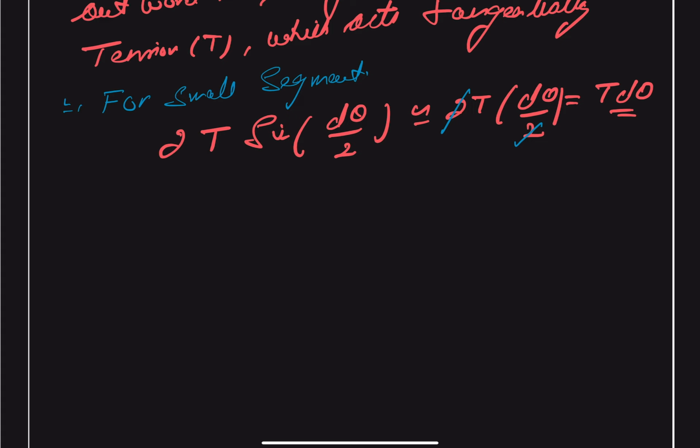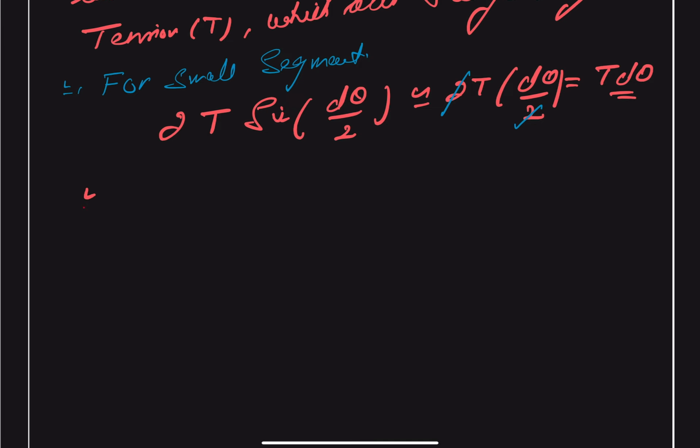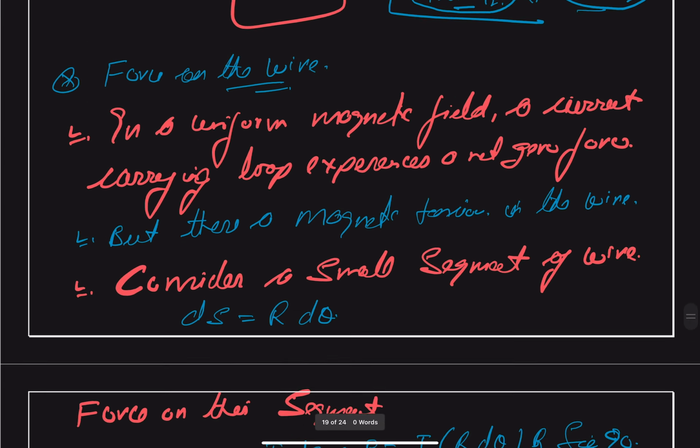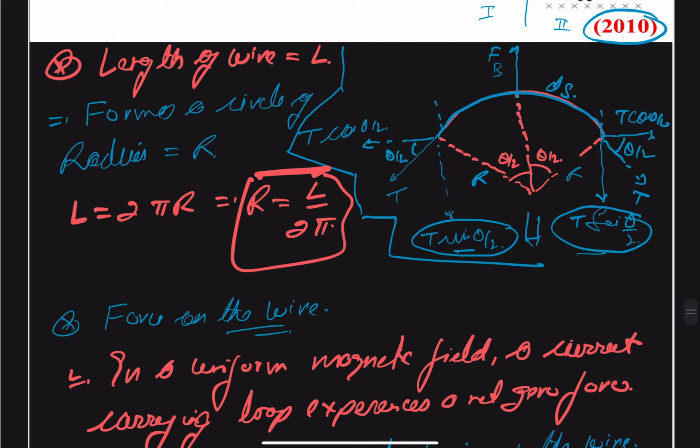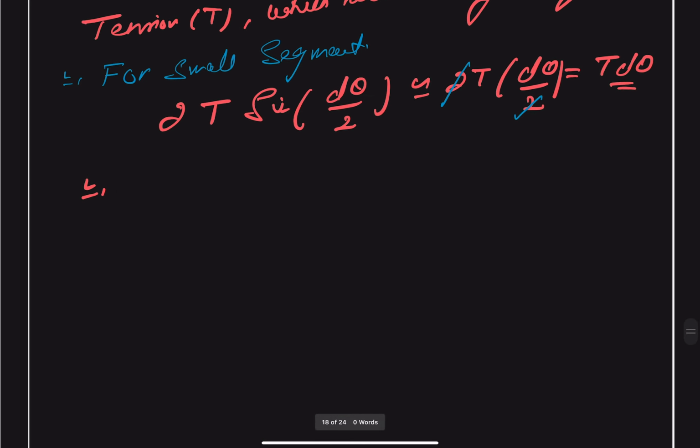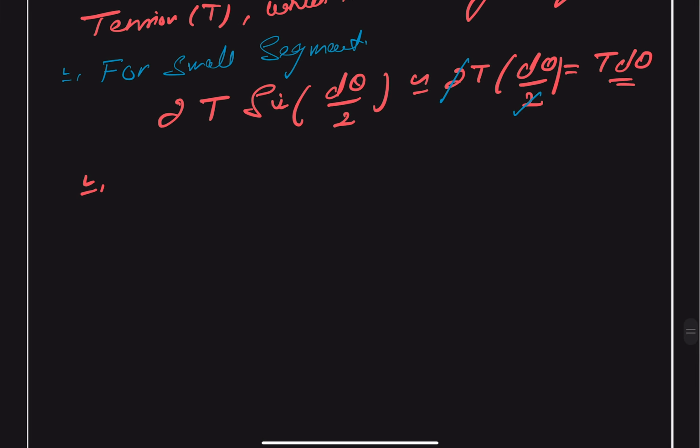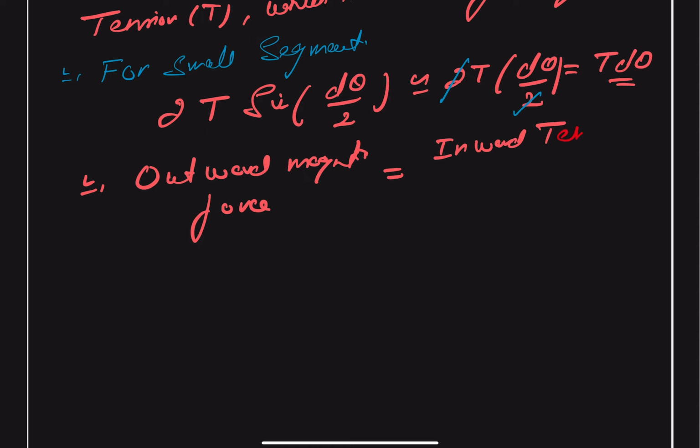So now, as it is balanced, therefore the outward force, let us call this outward force Ft. So we can say that the outward magnetic force is equal to the inward tension.